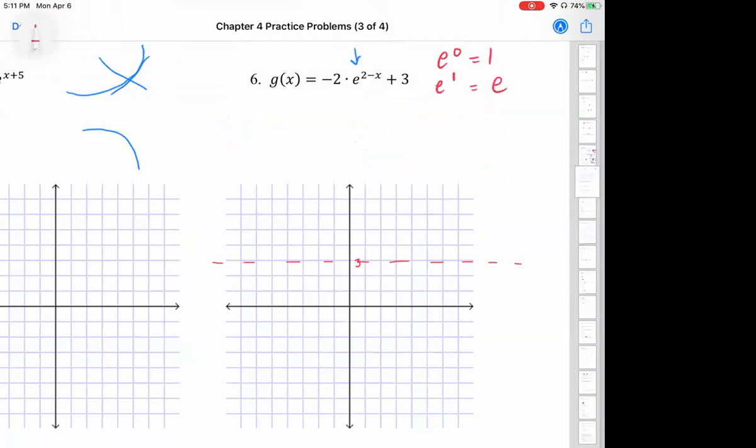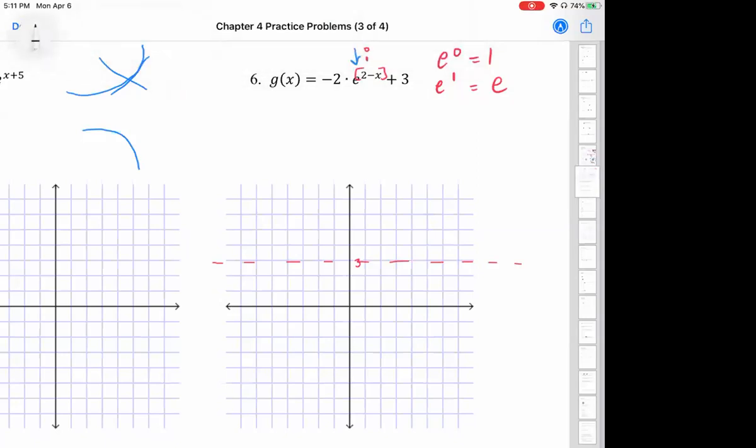And the reason I want to keep this in mind is because I want to make that exponent 0 and then 1, because I'll make it easier when I'm working on the chart. And have your calculator handy, because e is like pi. It's an irrational repeating decimal.